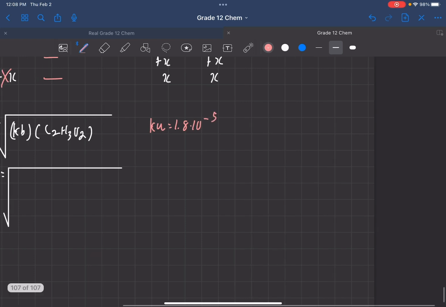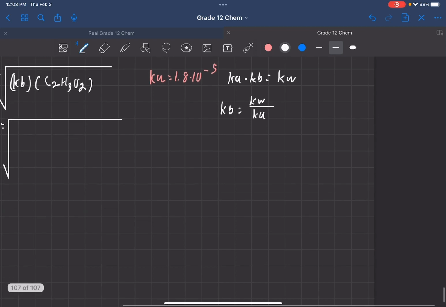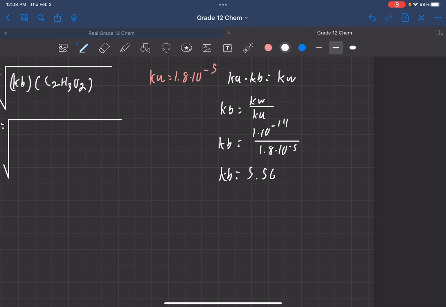However, we need the Kb. So as we know, Ka times Kb will equal Kw, that being the equilibrium constant for the ionization or dissociation of water. So Kb, we rearrange the equation, equals Kw over Ka. So that is 1 times 10 to the negative 14 all over 1.8 times 10 to the negative 5, and we get a Kb of approximately 5.56 times 10 to the negative 10.